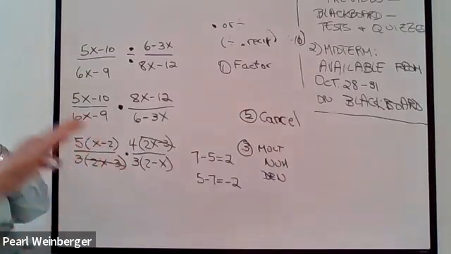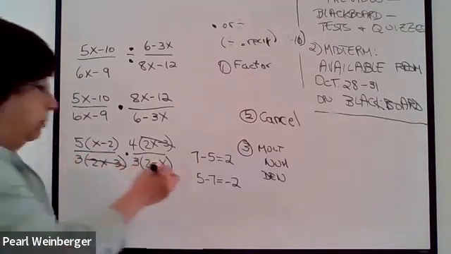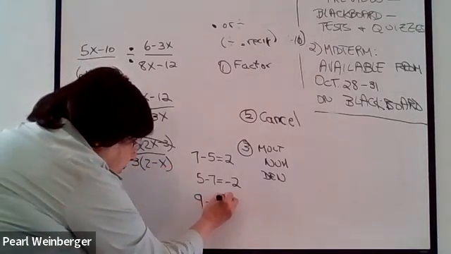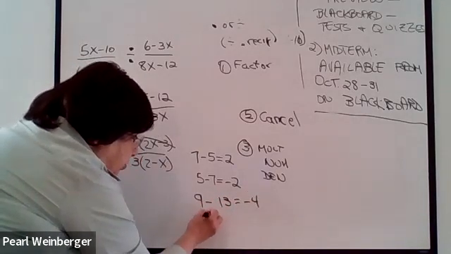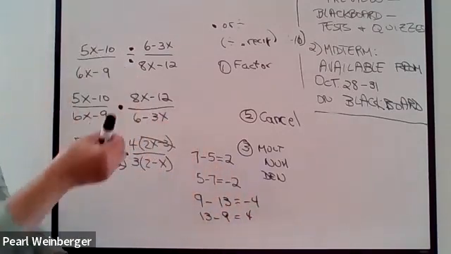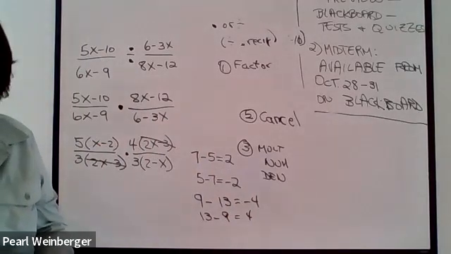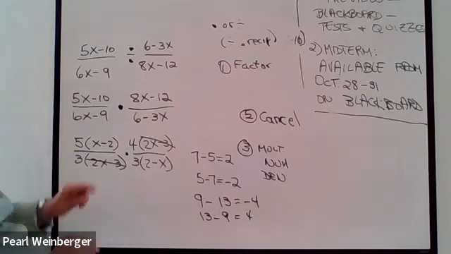Anytime I change the order in which I'm subtracting, if I go from 9 minus 13, I'll get negative 4, whereas if I do 13 minus 9, I'll get positive 4. The number will be the same. The only difference will be in sign. One will be positive and one will be negative.